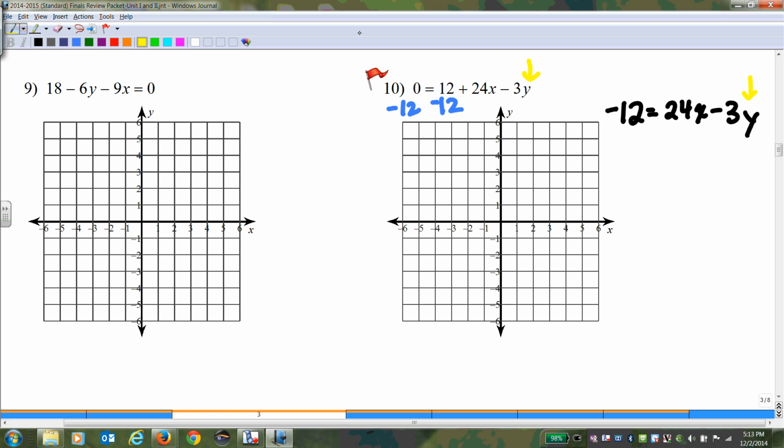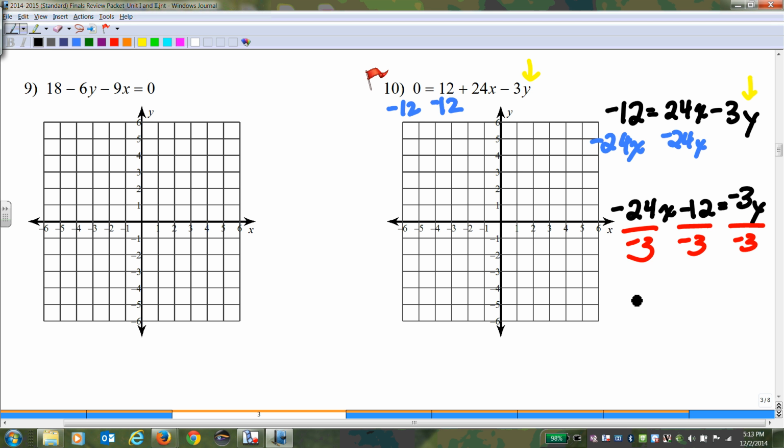And next, the other double date's going to leave. So minus 24x, minus 24x. We end up with negative 24x minus 12 equals negative 3y. You divide by negative 3.